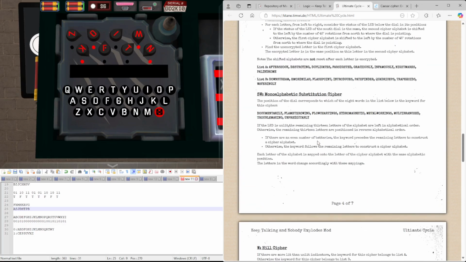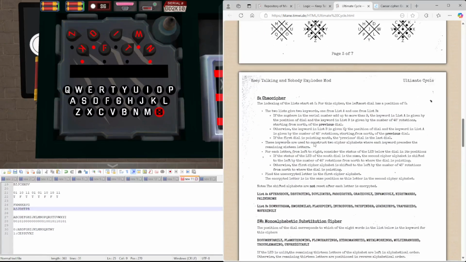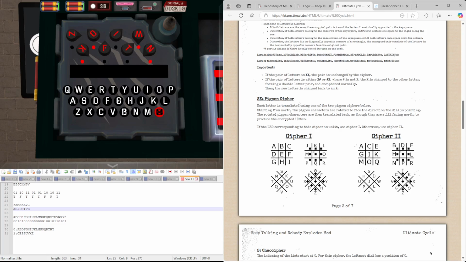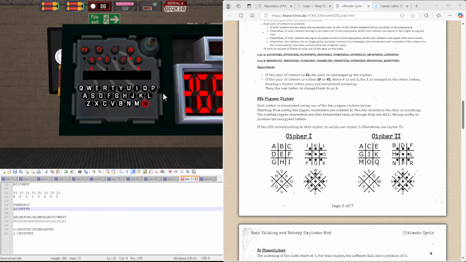The southeast. Yeah, now we have southeast. So we use over 2 because it's lit. Okay, so A. So we're de-rotating it.